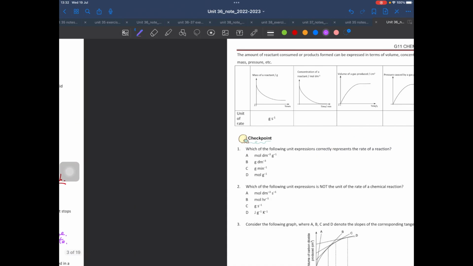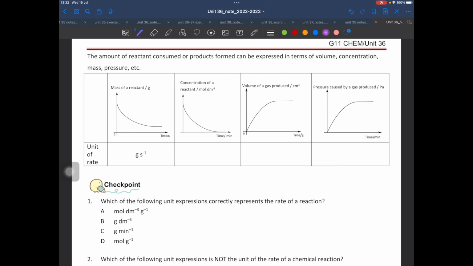Right, before we go further, have a quick checkpoint for yourself. How can we express the reaction rate for different reactions? The first one is the mass, maybe for solid reactions. The second one is concentration, which maybe involves reactions in solutions.